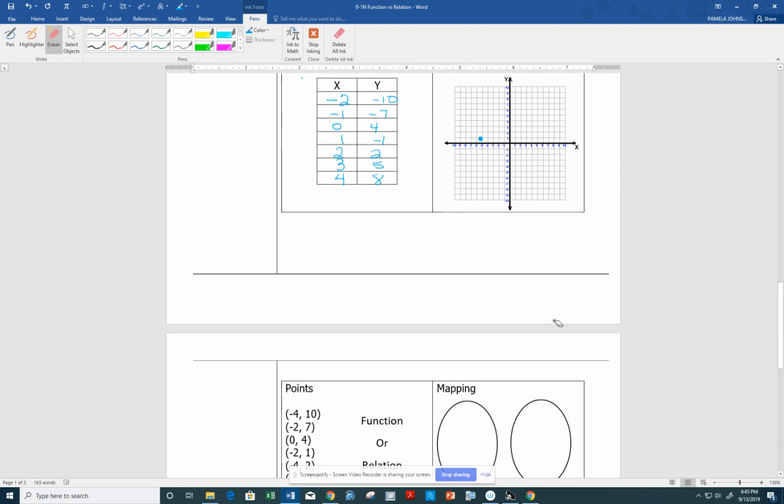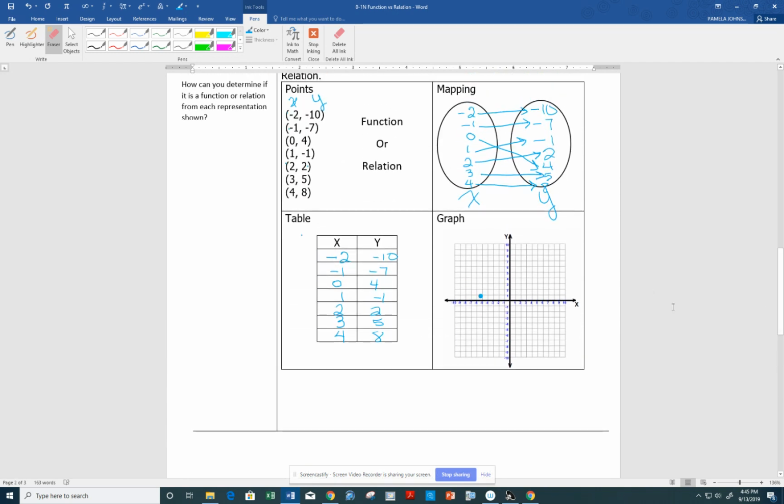There we go. All right. And let's go back to our color. -2 down to -10. This is where we're going to put our dot. Okay. And then -1, -7, we're going to put a dot here.